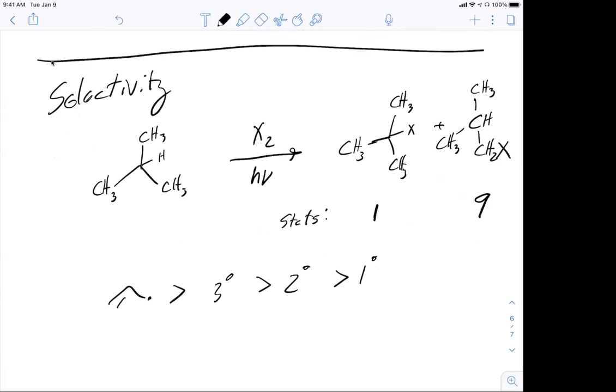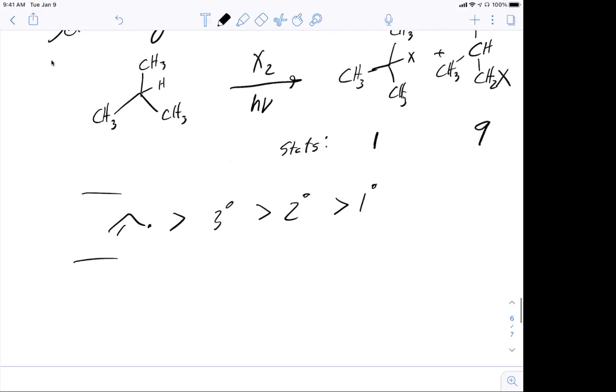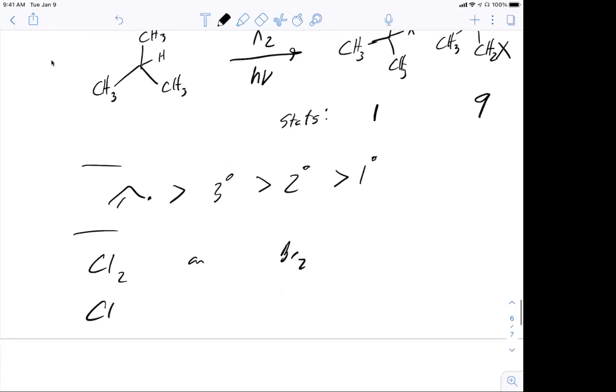That sets up the first selectivity, which is our substrate. There's an energy difference in abstracting these hydrogens. So we have that selectivity. But we also have the selectivity between chlorine and bromine. The chlorine radical is a higher energy radical than the bromine radical.